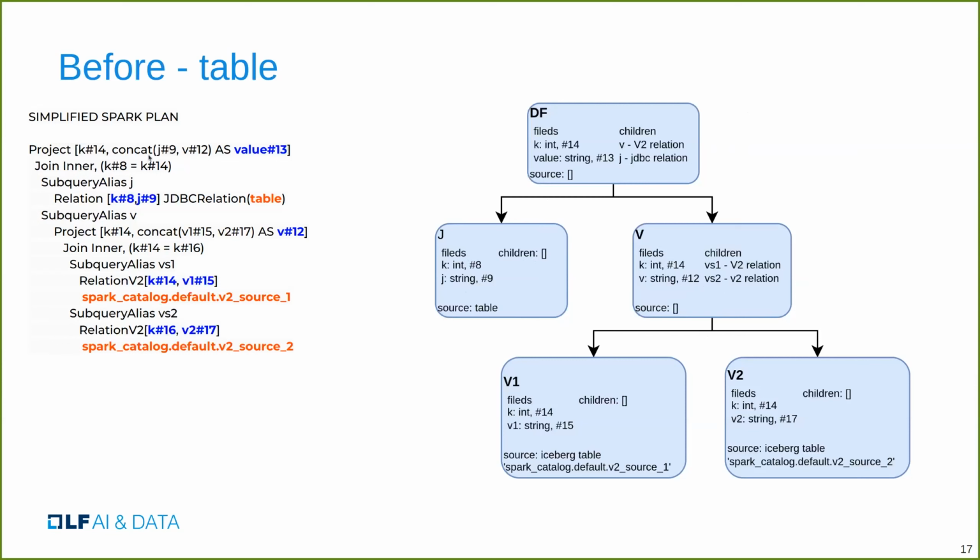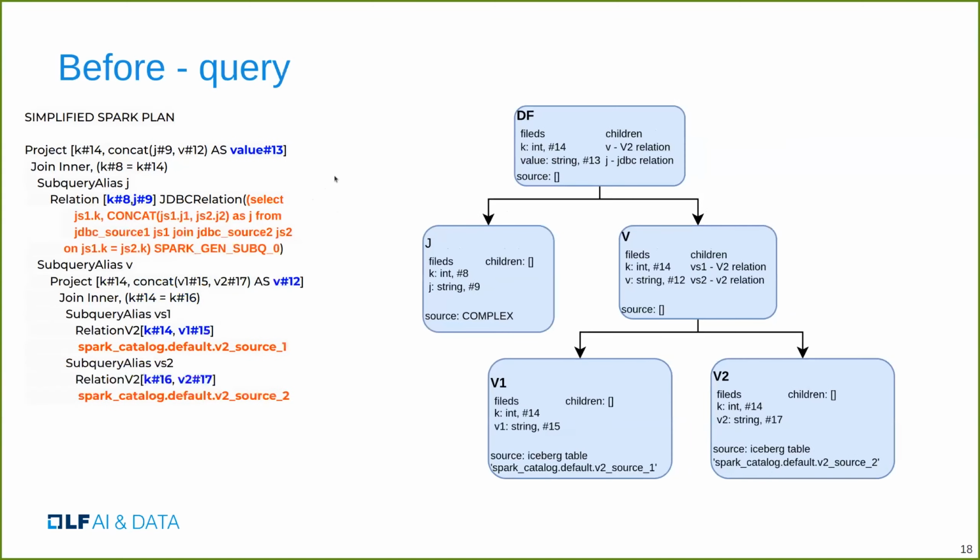In the Spark plan, we can see all the fields that are present in the sources. And it's all fine. It's well supported for the Iceberg tables. We can clearly see that all the source tables are listed as a relation V2 with all the fields defined. And for the JDBC relation, we have two fields present there, which is fine.